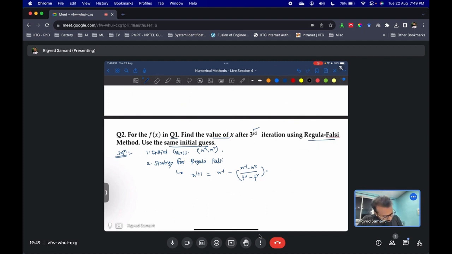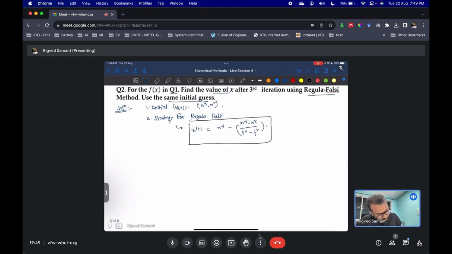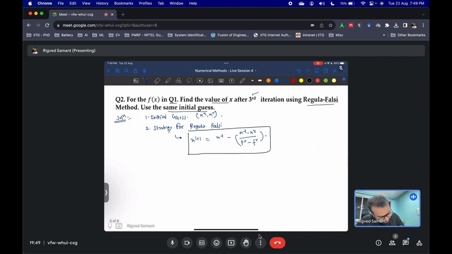And here the third iteration is told, so that is your stopping criteria. So you just have to find x3 here.